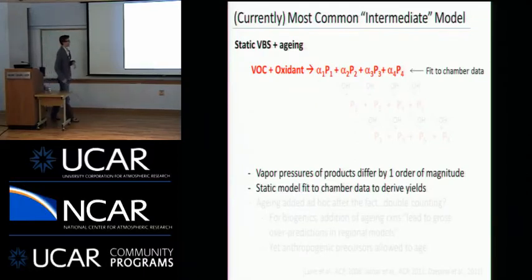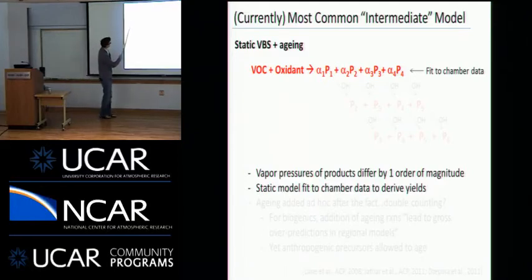So how can we start to add complexity? Just to give you some context for the way that our model works, here's the currently most common, I would say, intermediate complexity model. This is the volatility basis set that has added aging. Some of us were talking about this earlier today.